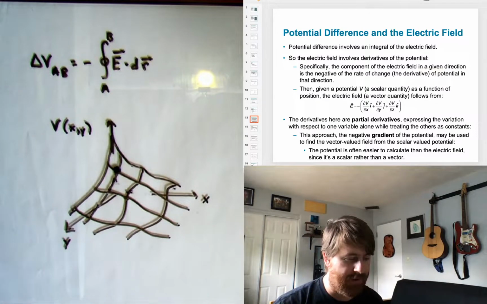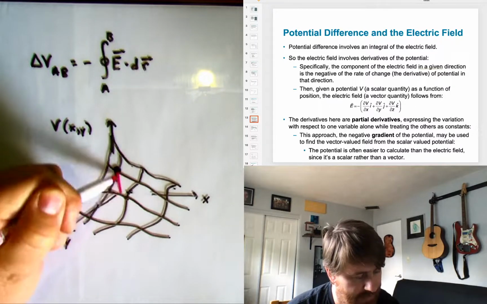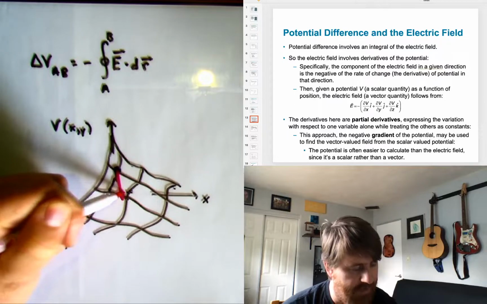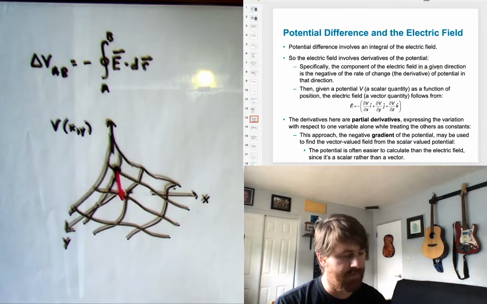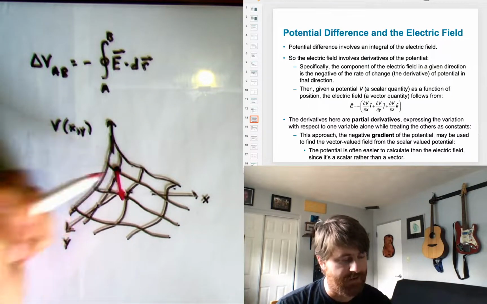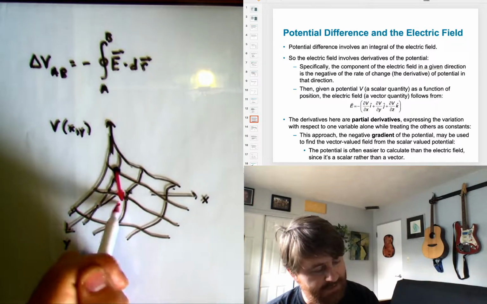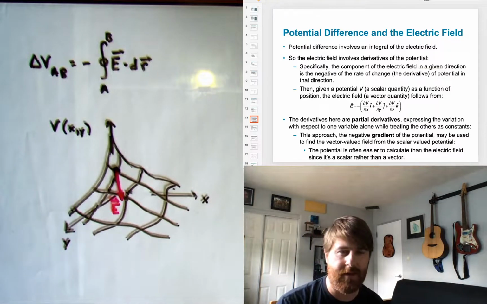So what direction does the ball roll? It rolls the steepest way it can down the mountain, whichever that is. Okay? And that is the direction of the force on the object. So if this is potential, and this is a positive 1 Coulomb charge here, then this must be the direction of the electric field. How do we calculate that direction?